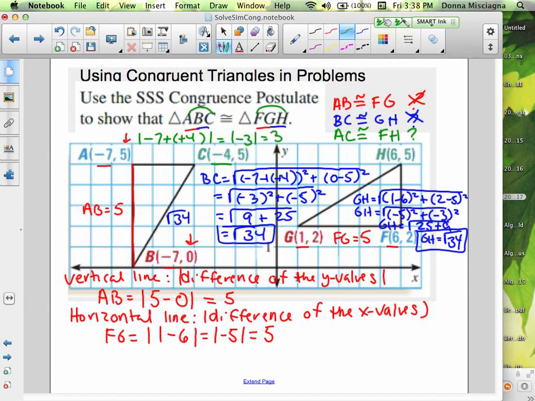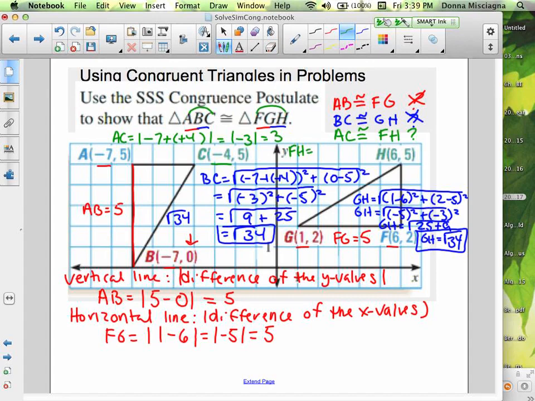And then let's do the same thing. You can hardly see it there. FH is that vertical line lying on its side. Oh, I should have written in, this was AC. And FH, let's put it right here.